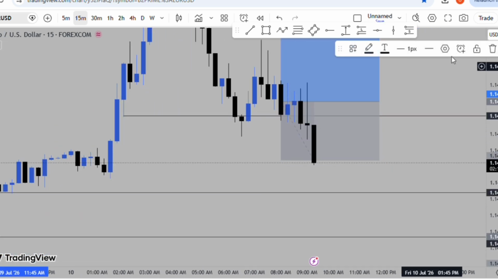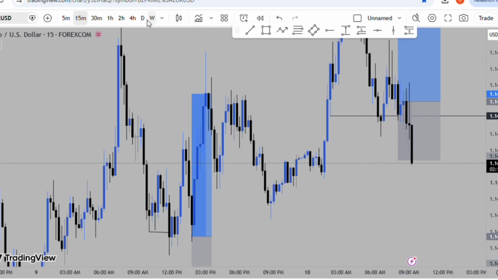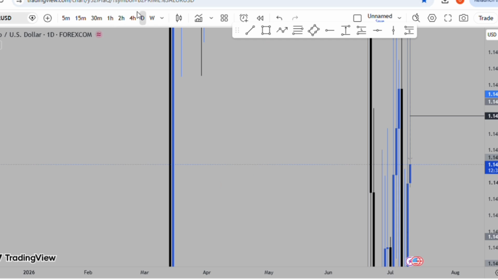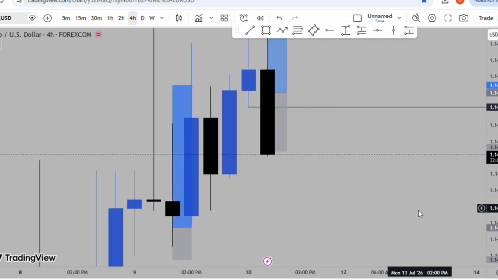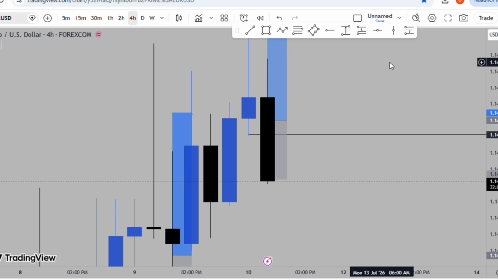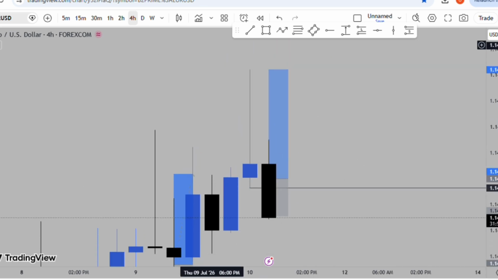Now let's analyze this and know if we are on the safer side or we are not on the safer side. Now in the 4-hour time frame, this was our 4-hour high and our 4-hour low.